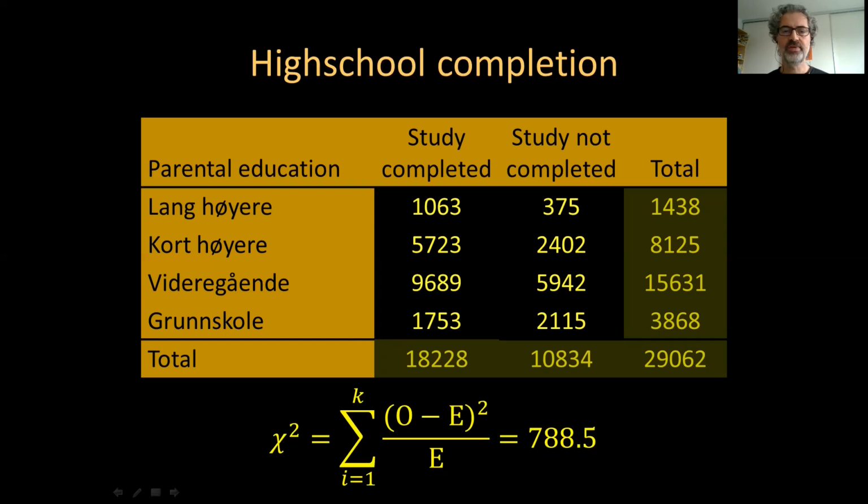It is extremely unlikely to get such numbers from equal proportions. We can safely conclude that the variables high school completion rates and parental education are associated. We can safely conclude that there is a relationship between parental education and study completion.